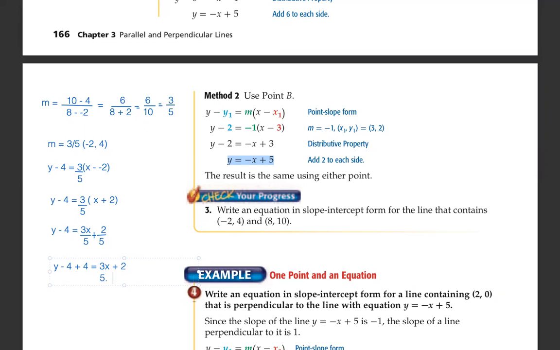Oh no, there's an error right there. It becomes y minus 4 equals 3 over 5 x. Here's the error: 3 times 2 is 6, then that becomes over 5.